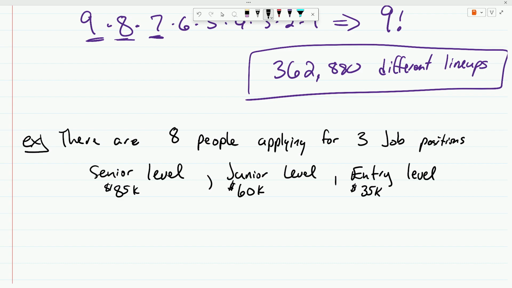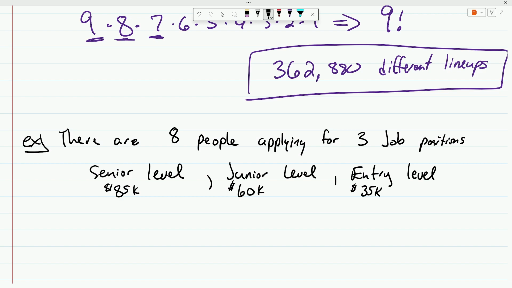I mean, let's be honest. If you were applying for this job, you'd want the senior level position because it makes the most. So in this situation, order totally matters. But here's the catch. You are not selecting everybody. You're only selecting 3 people, and 8 people applied.